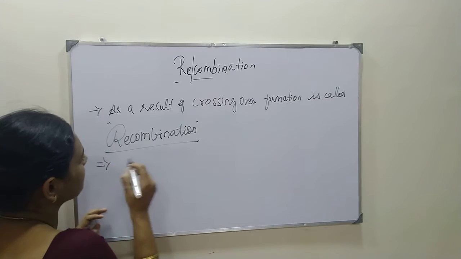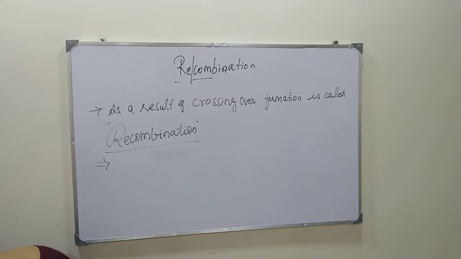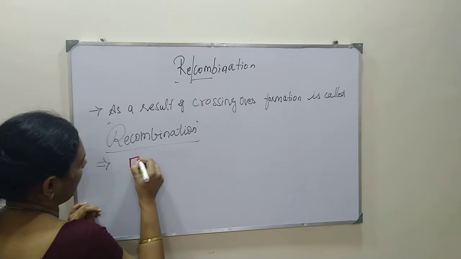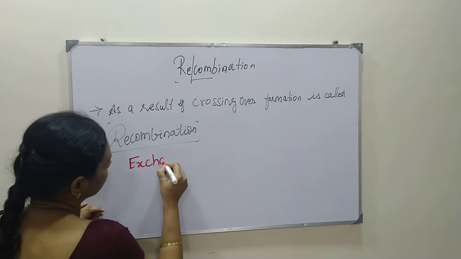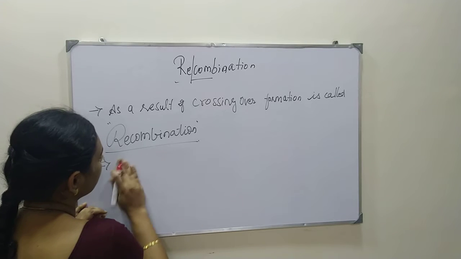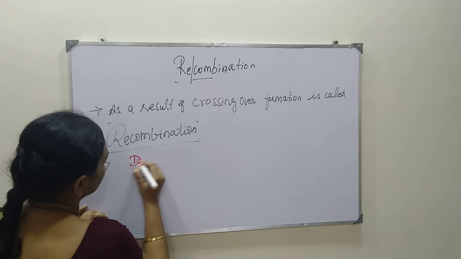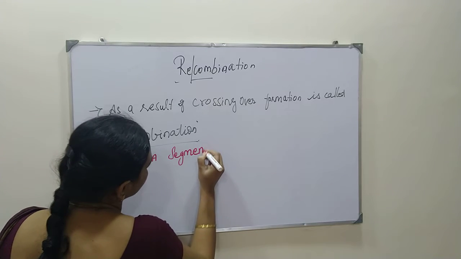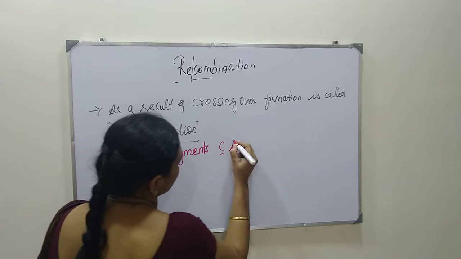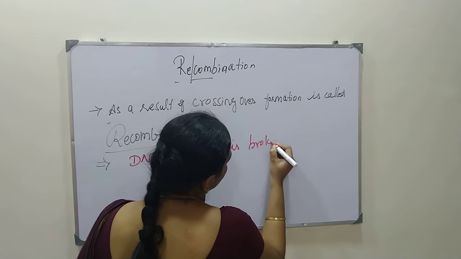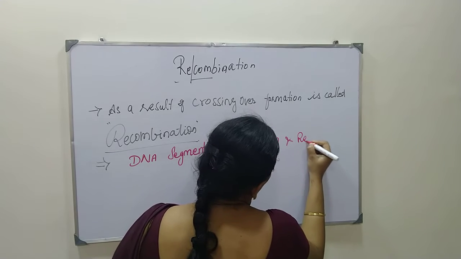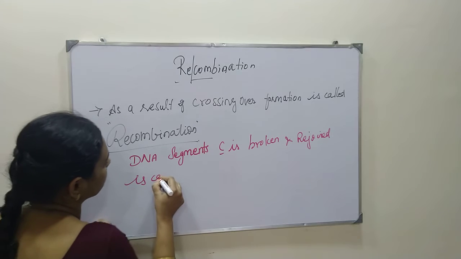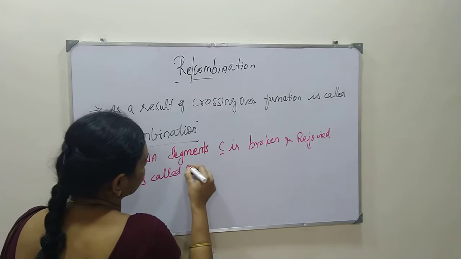So the actual definition: the exchange of DNA segments which are broken and rejoined is called recombination.